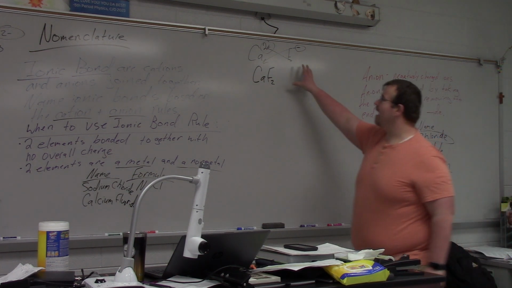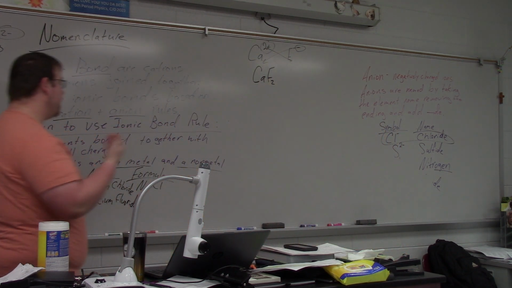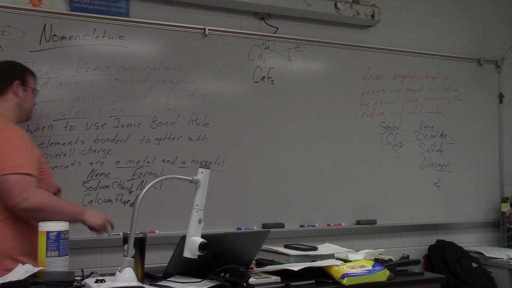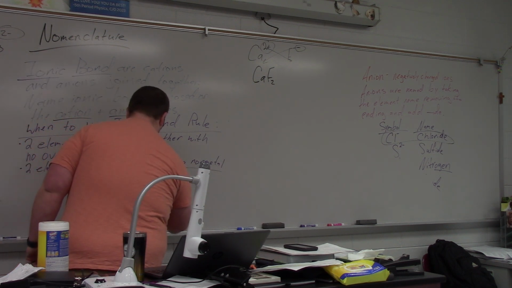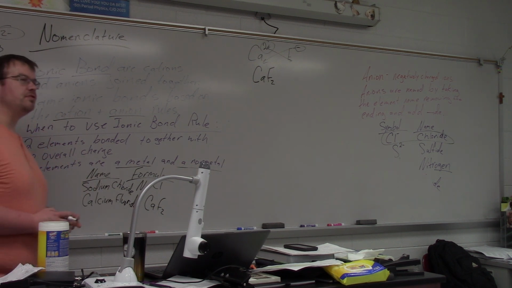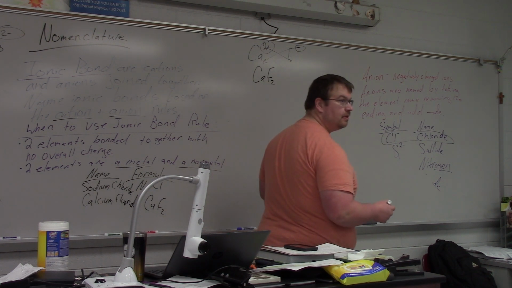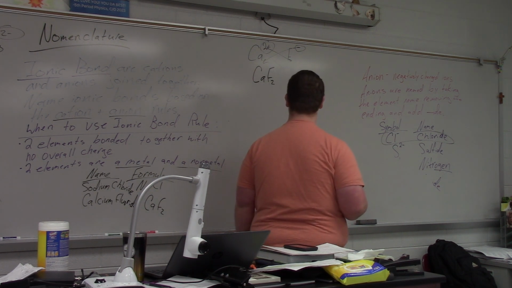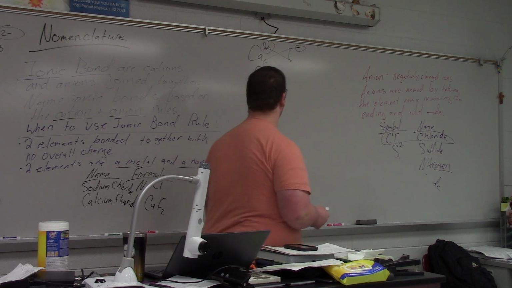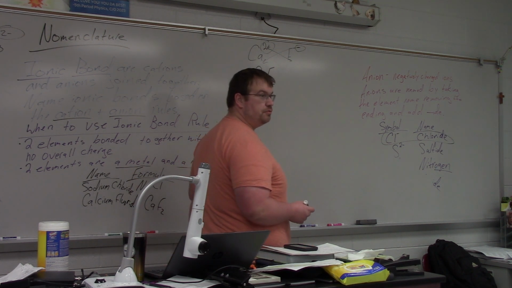So we balance these out by crossing them over. Now here is the interesting thing. Things do take place that you have to simplify out. David, why is there a 2 next to the F? If you put those together, wouldn't it be a +1? Nope. What's the charge on the calcium? It's a 2 plus.